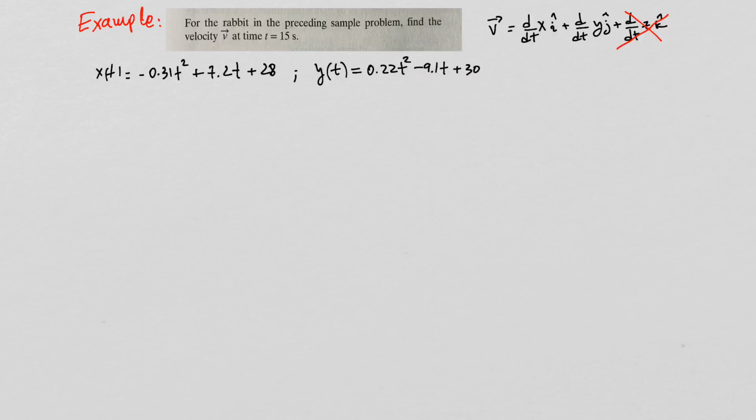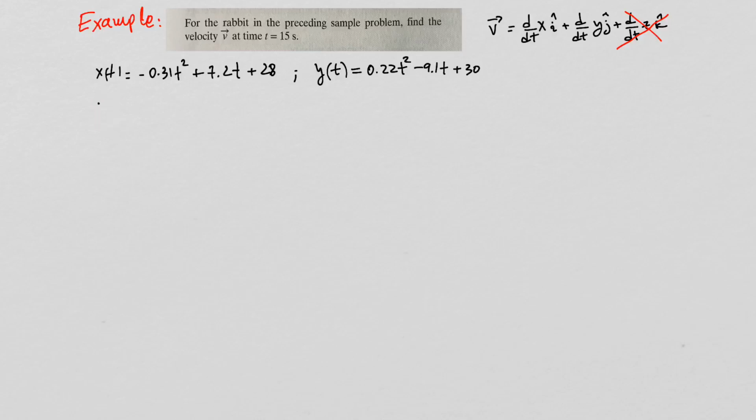So in order to get the instantaneous velocity, I must take the time derivative of the position function along each coordinate axis. And that's going to give me the components of the instantaneous velocity along those directions.